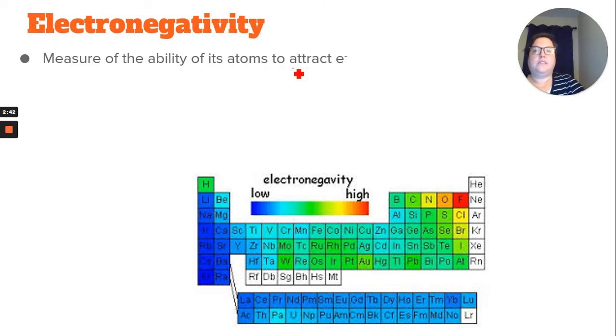So the definitions are what makes electronegativity and electron affinity different. Electronegativity, the atom is attracting the electrons in a bond. So if we think about two oxygens bonded together, right, they're sharing electrons, and so electronegativity is that attraction between the atom and those valence electrons.